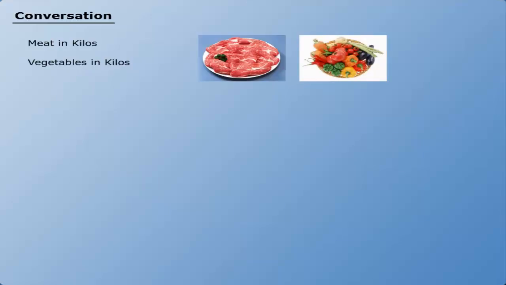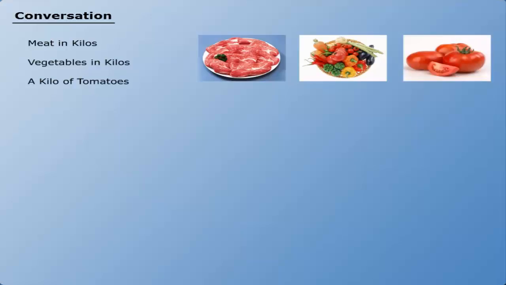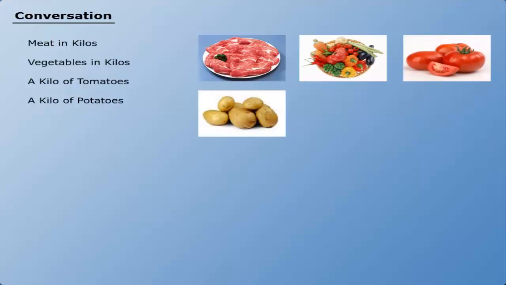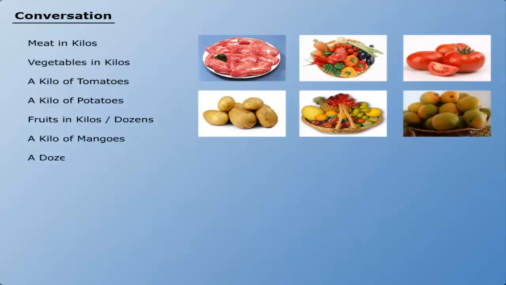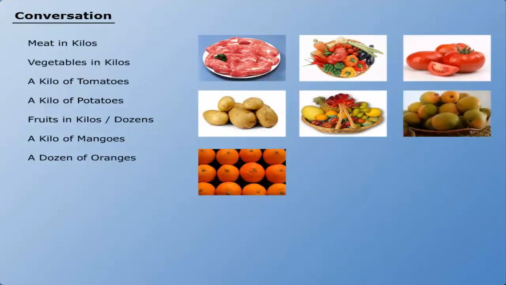For example, we say a kilo of tomatoes, a kilo of potatoes. We buy fruits in kilos or dozens. A kilo of mangoes, a dozen of oranges.